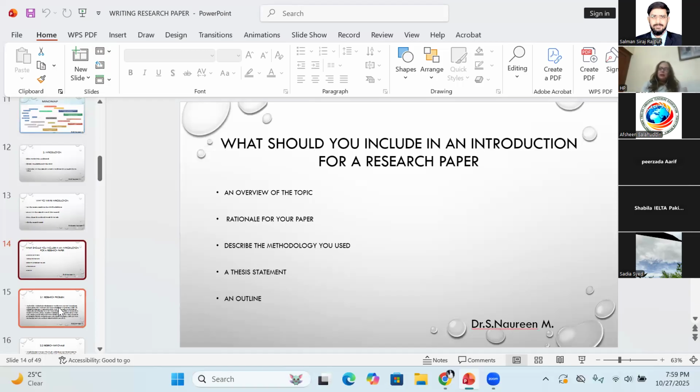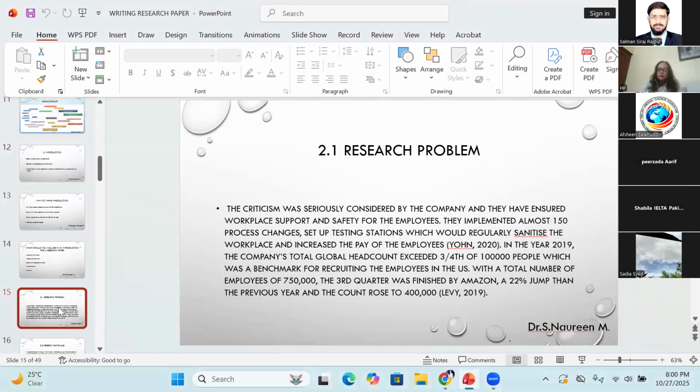We are still on the introduction portion, the first chapter in a research proposal. If you're writing a research paper for publication, then you talk about this after the introduction. This is part of the introduction.